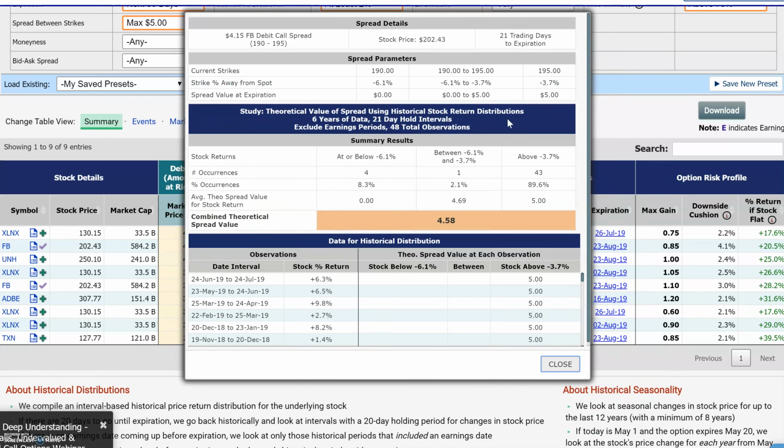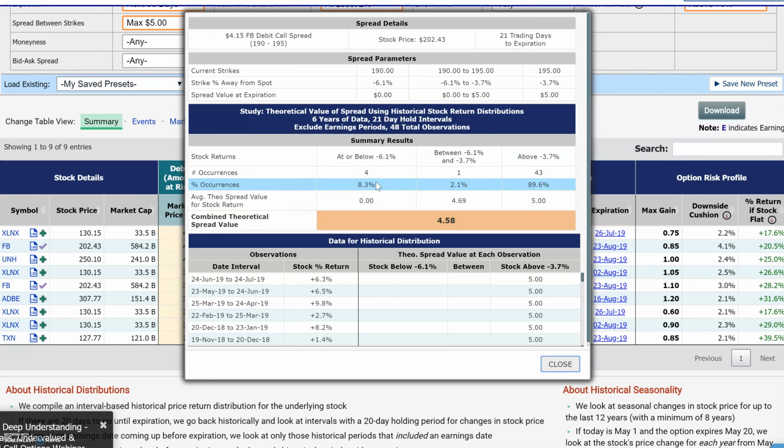We have 48 total observations, and here's the data. Below minus 6.1%, that happened four times, or 8.3% of the time, and then this call spread will be worth 0 in this situation. Above negative 3.7%, that happened 43 times, or 89.6% of the time, which this call spread would end up being worth $5 at expiration. And then in between, that happened 2.1% of the time for an average return of 4.69%.